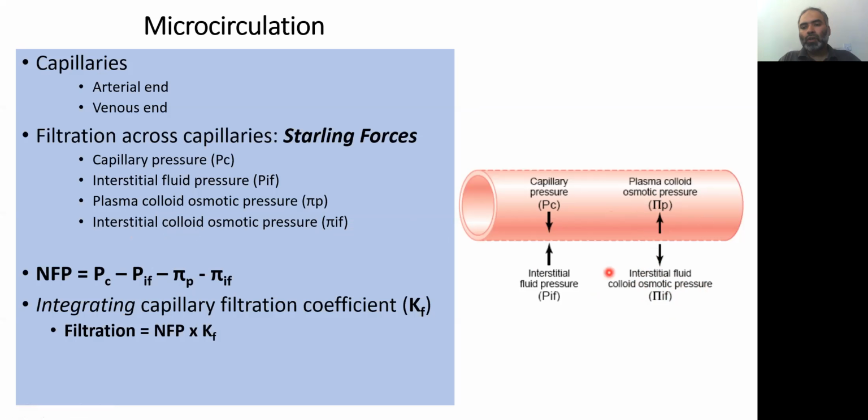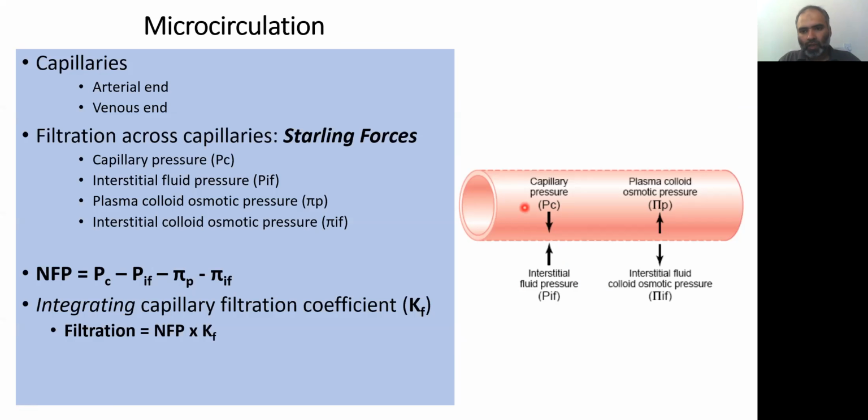Now, as you can see, the capillary pressure arrow is out towards the interstitium. So if you have a capillary, blood will try to exert its pressure on the wall and will try to come out of it. So capillary hydrostatic pressure is like this.